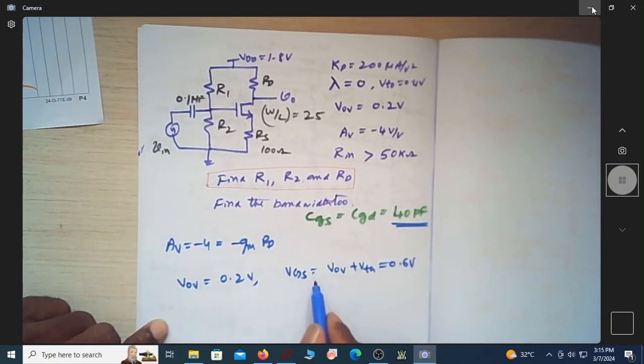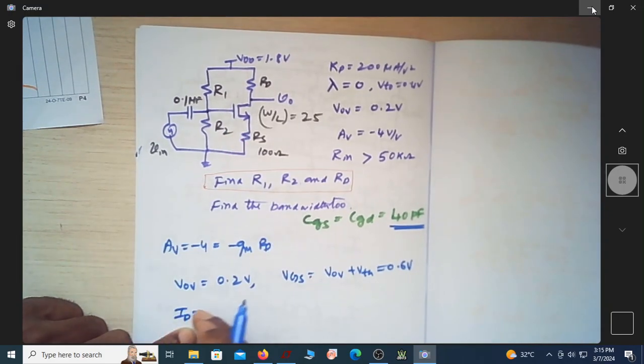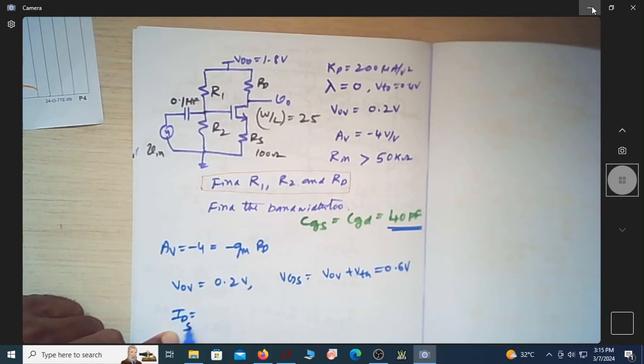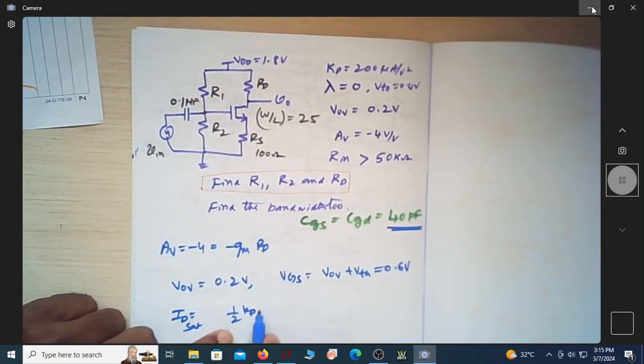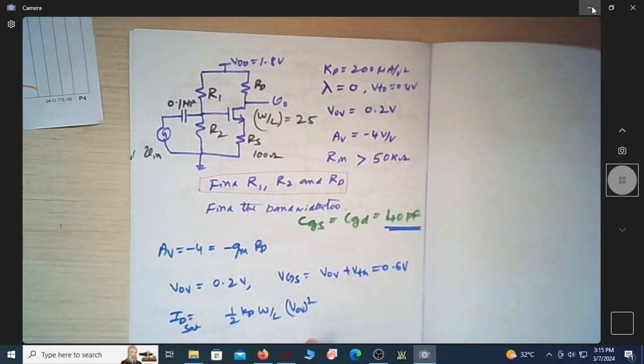Since you know VGS, you know what is KP. Well, can I find ID? ID can be found, assuming the MOSFET is in saturation, because naturally if the gain is there it means it's in saturation. ID sat is nothing but half KP W by L VOV whole square, because VGS minus VTH whole square.